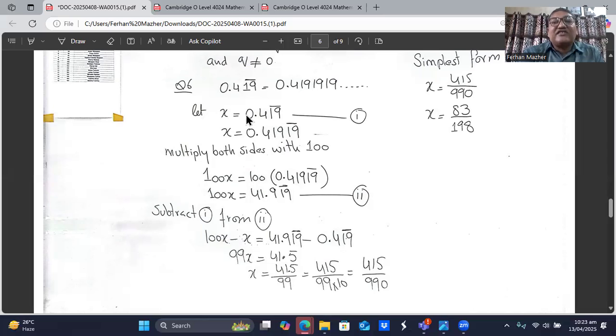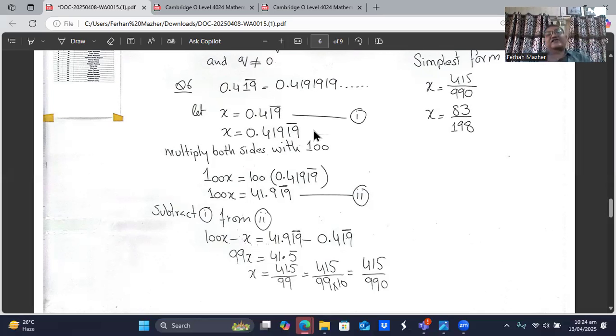So let x be equal to 0.419, with these dots or a bar on the 19. So I will get this pair free. So I will write x equals 0.419, and on the next 19 I put this bar sign.